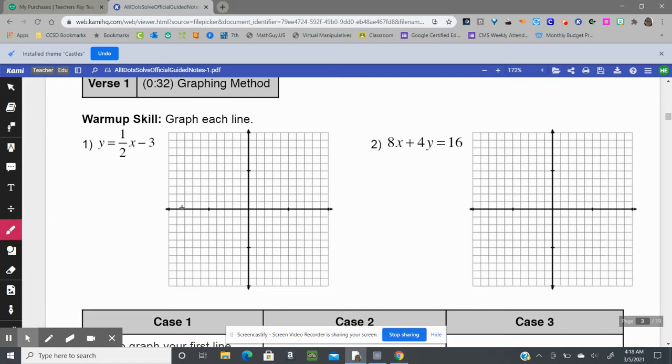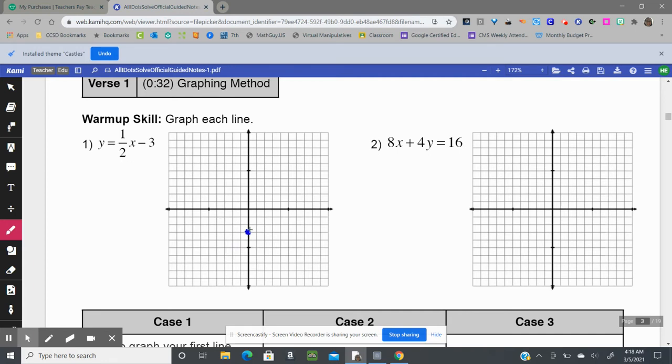All right, now that you've tried them on your own, we see this is in y equals mx plus b format. So we know it's just a solid line, no coloring. We go from our y-intercept and go down 1, 2, 3, and put a dot. There's our y-intercept.